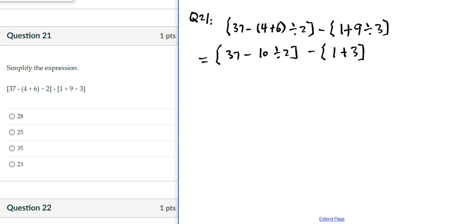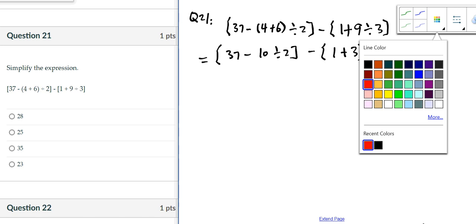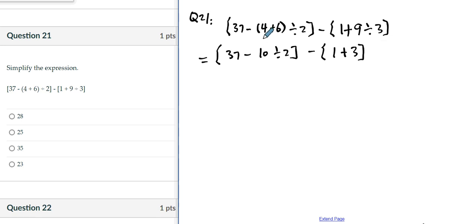Okay, so what we did for the first step is we got 10 from here. We got 9 divided by 3 is 3.